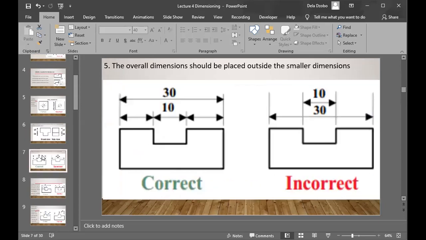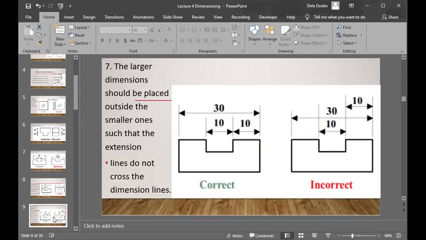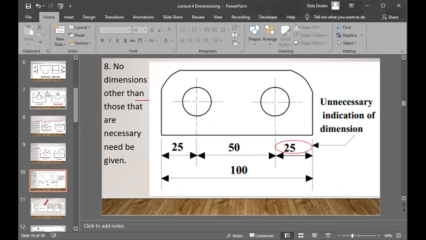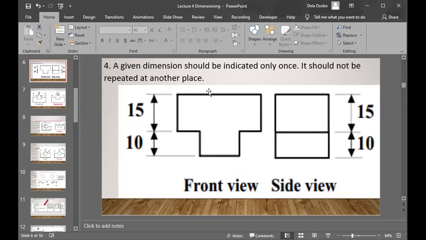Okay, rule number 5 over here. So larger dimensions should be placed outside the smaller ones, such that the extension lines do not cross the dimension lines. The rule says that a given dimension should be indicated only once.